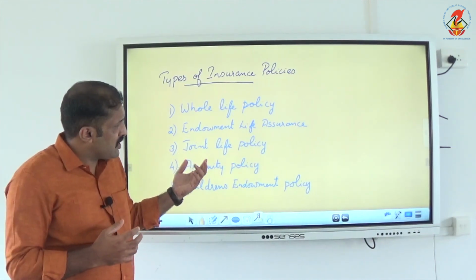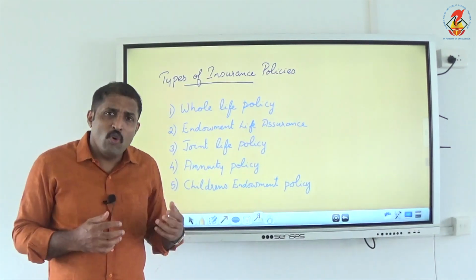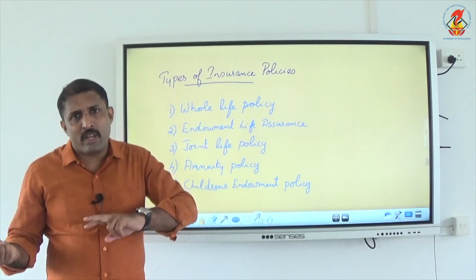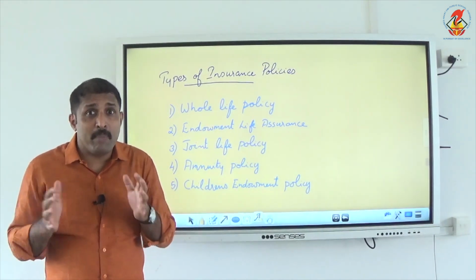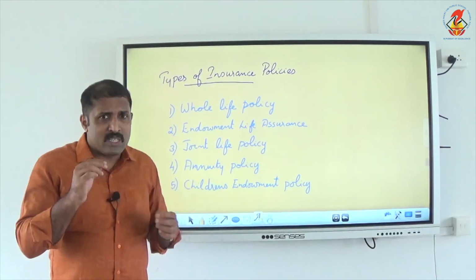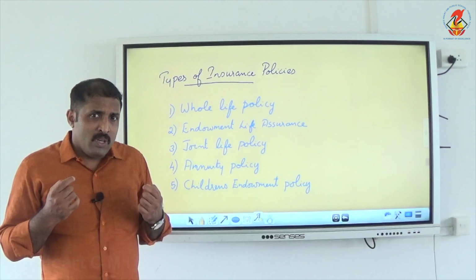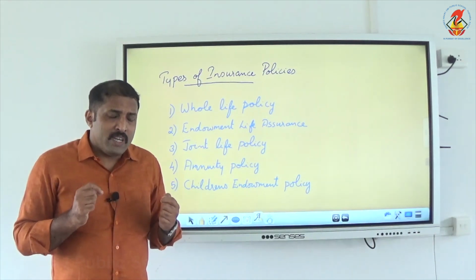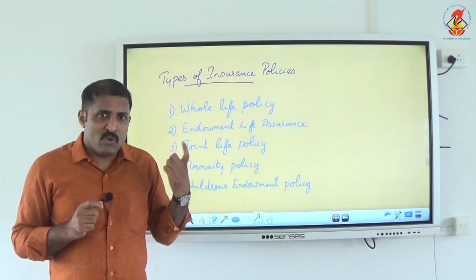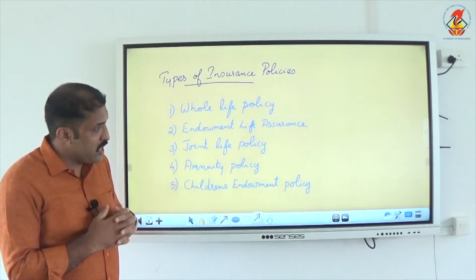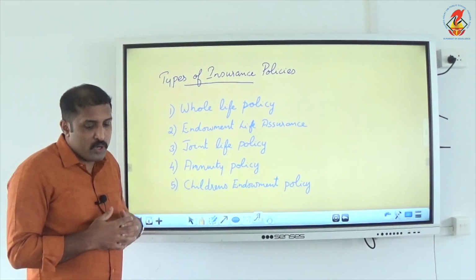This is what is called endowment life assurance, either on death or on attainment of a particular age, whichever happens earlier. So, the difference is that it is not needed that death of the assured must happen, but in the first case they will receive the amount only after death of the assured.